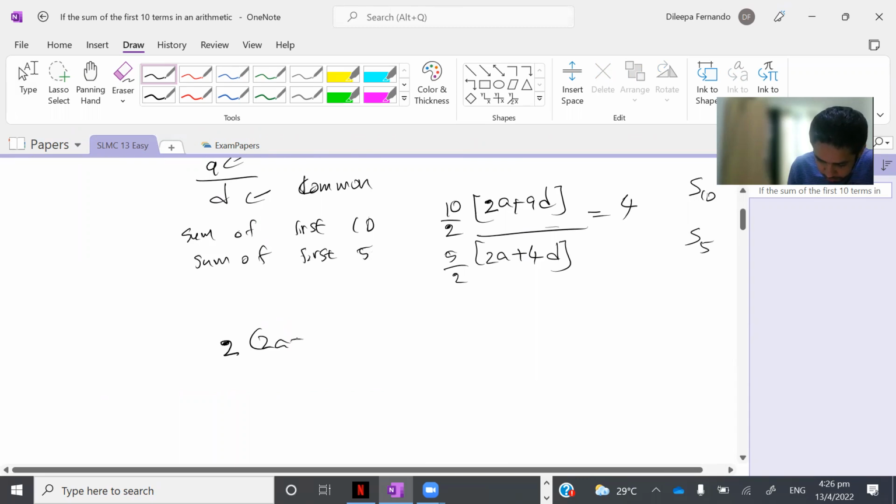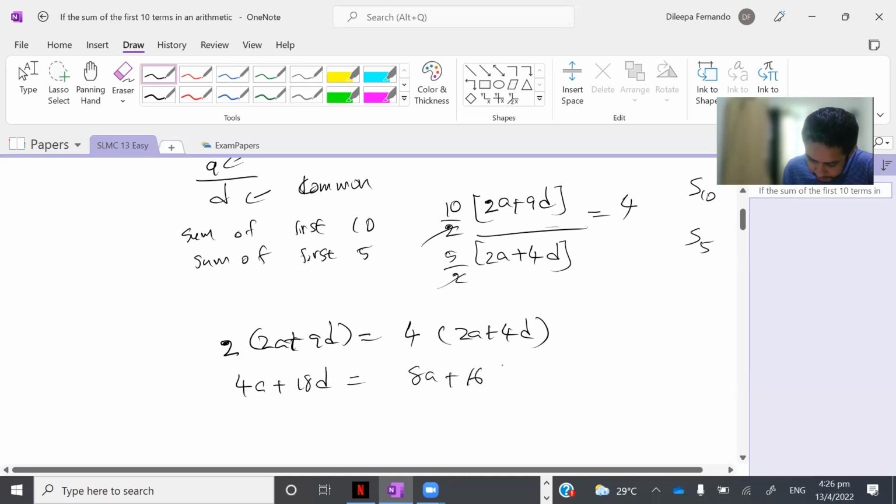2 into (2a plus 9d) equals 4 into (2a plus 4d). So 4a plus 18d equals 8a plus 16d.